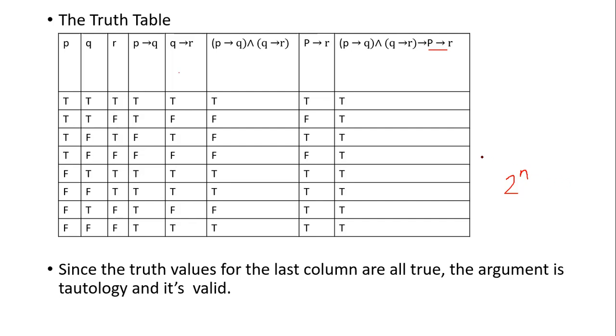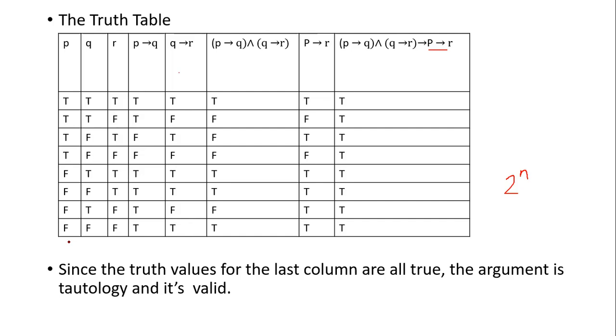So when you have only 2 statements like P and Q, our n will be 2. So it will be 2 power 2, which is 4. That's why we have up to 1, 2, 3, 4. But if you have 3, now your n will be 3, therefore 2 raised to the power 3 is 8. Hence you get 8 rows here: 1, 2, 3, 4, 5, 6, 7, 8.